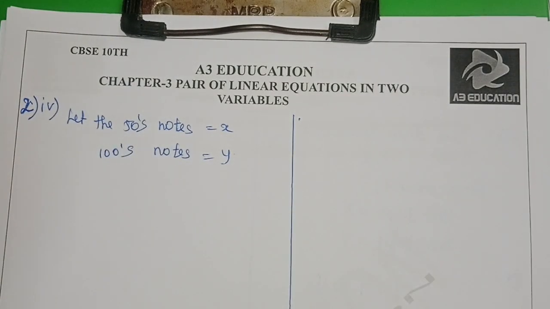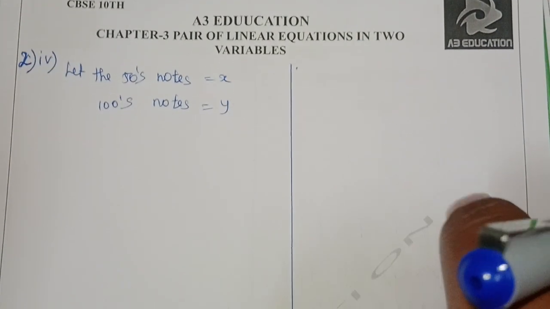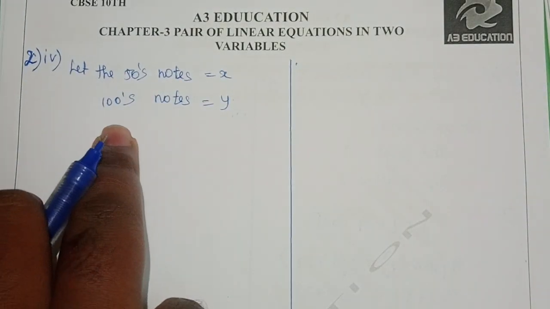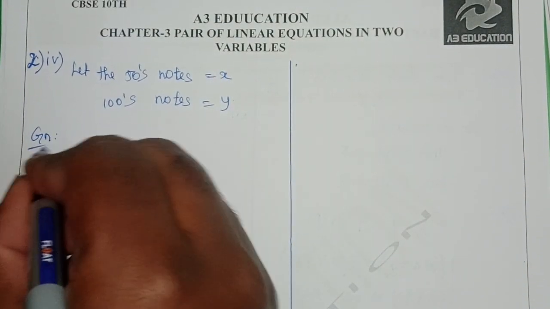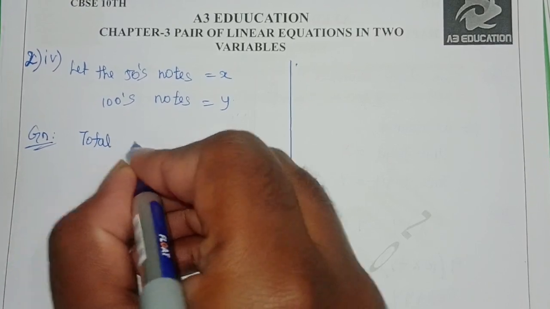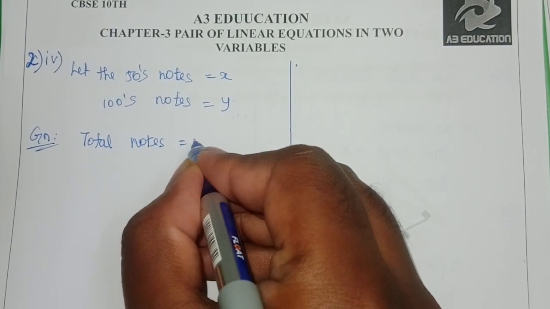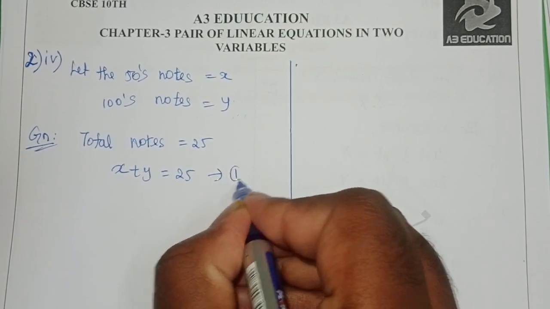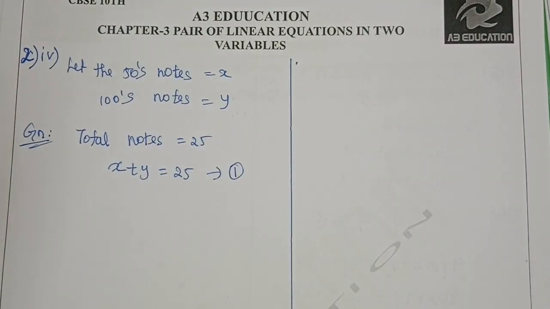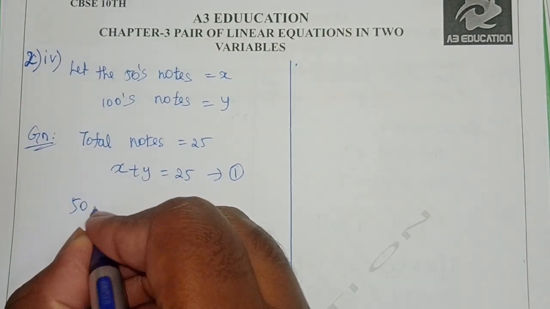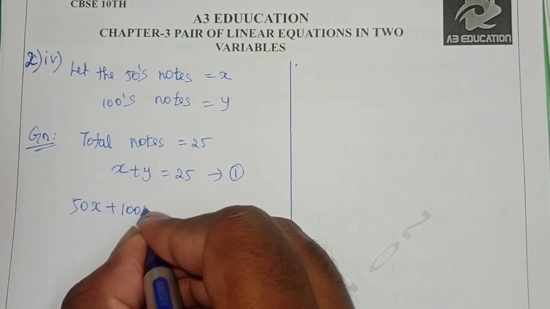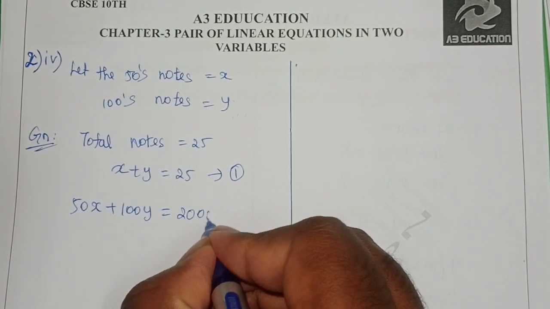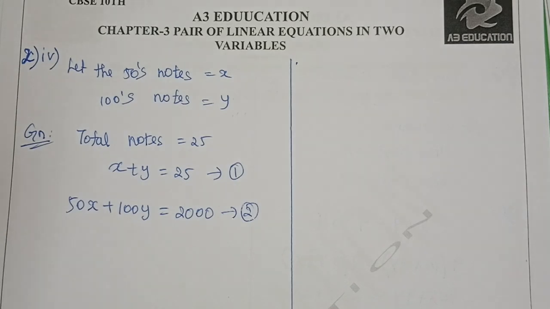We don't know how many notes she got in 50s and how many in 100s, but it is given that the total notes is equal to 25, therefore x plus y equal to 25. And the second condition, she withdrew 2000. Therefore, 50 into x plus 100 into y is equal to 2000.